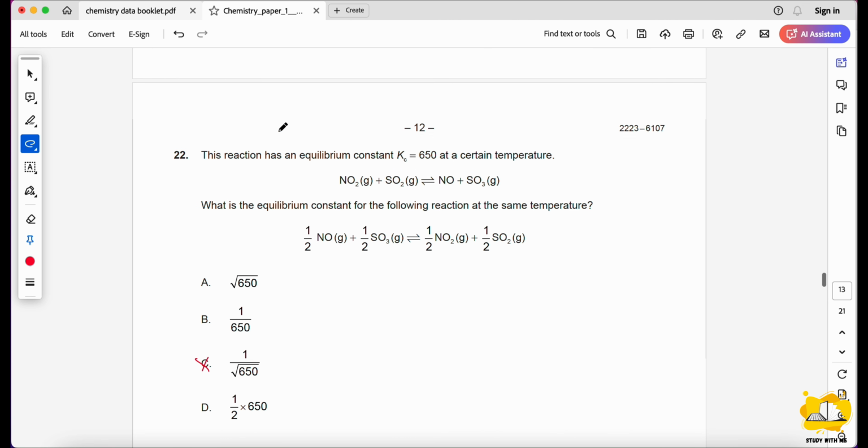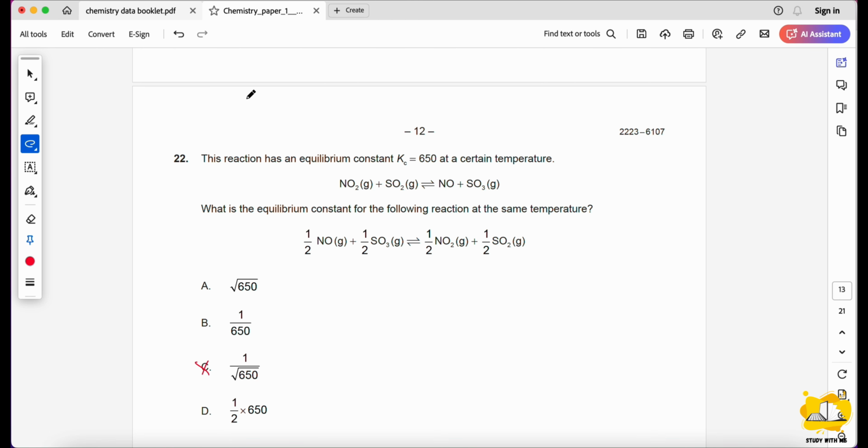If the reaction is reversed, Kc will be Kc to the power of negative 1, and for halving the coefficients, it will be the square root, and for doubling the coefficients, it's the square.